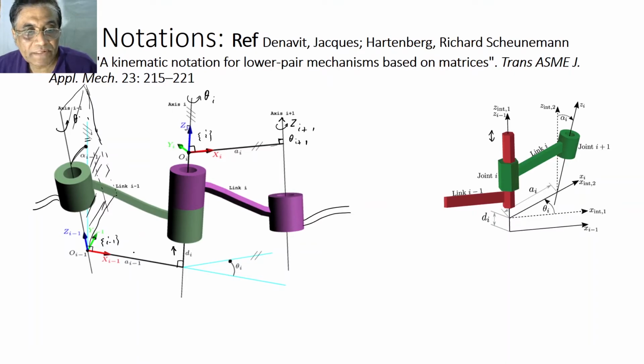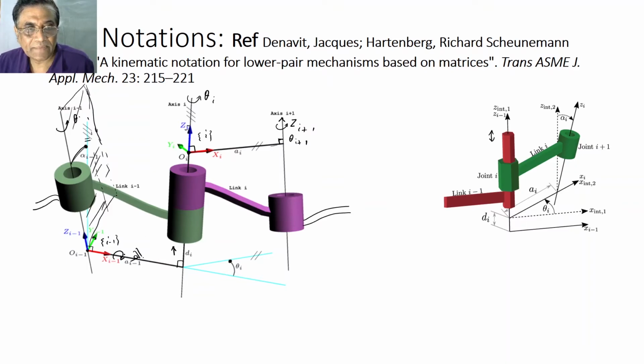And how is it measured? It is measured about the x axis, xi minus 1 in this case. If this end is twisted with respect to this, then it will be measured about xi minus 1, okay.